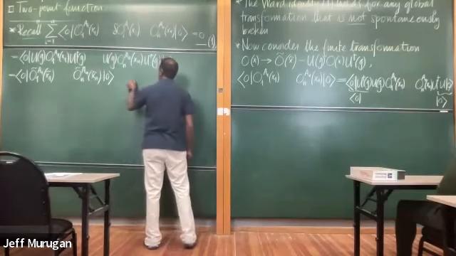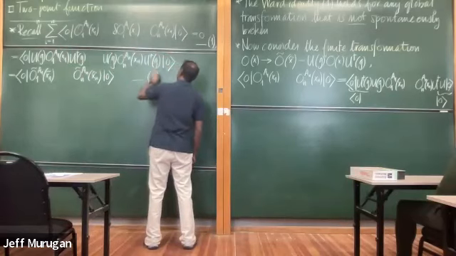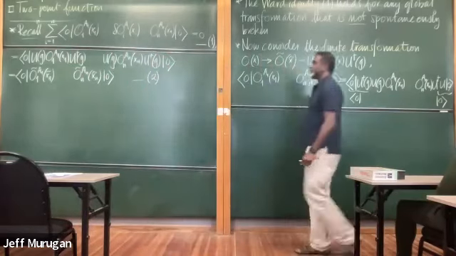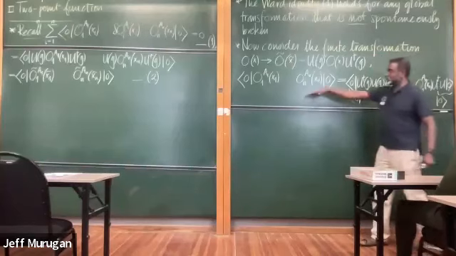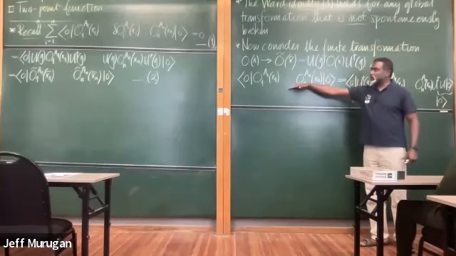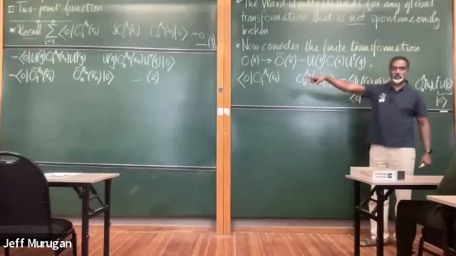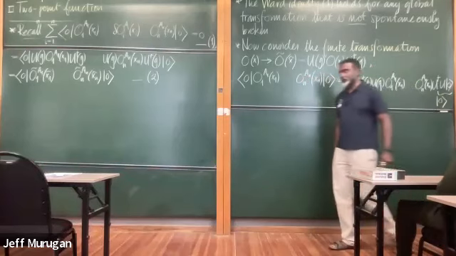And this is what we're going to take to be the finite version of the Ward identity, namely that this correlator, this n-point correlator, must be the same as that n-point correlator. Okay.